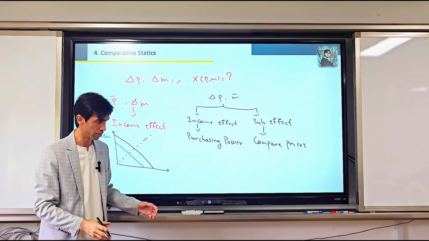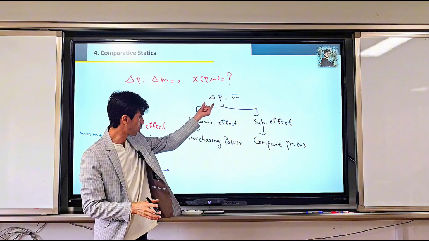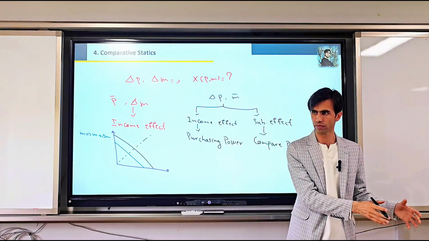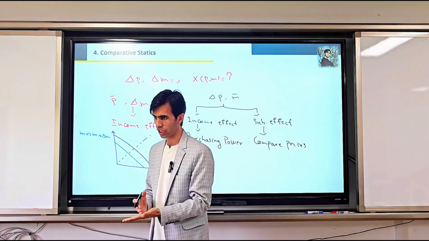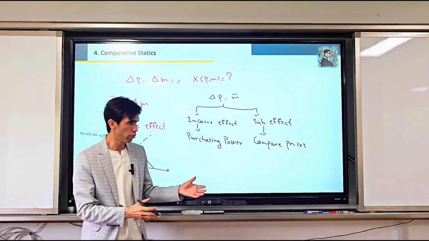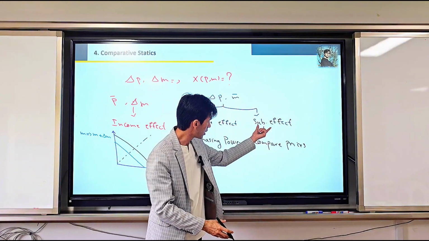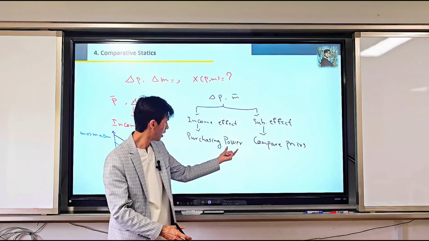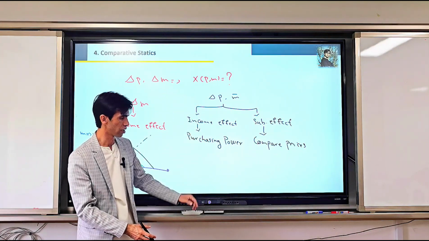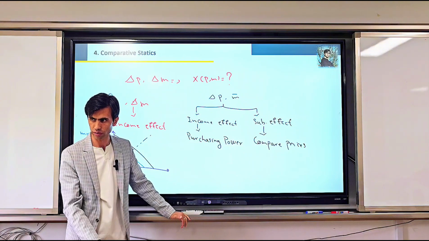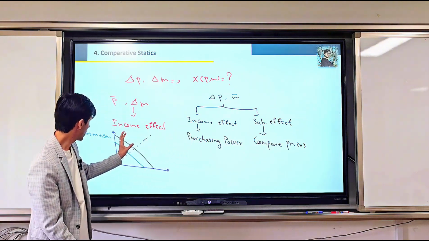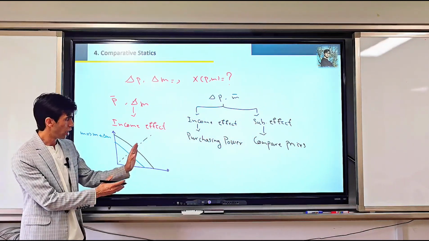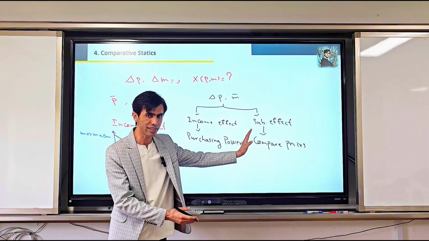When the price changes, we compare the price of this good with another substitute good. If the substitute good's price doesn't change, but only the price of this good changes, we will move to buy the other substitute good. So we have the substitution effect because of the comparison of prices, and we have income effect because of the change in our purchasing power. So here it's simple because it's only income effect, but here we have both income effect and substitution effect.